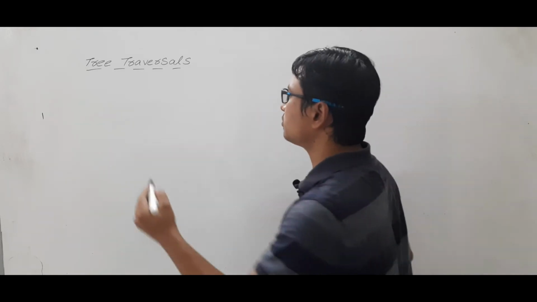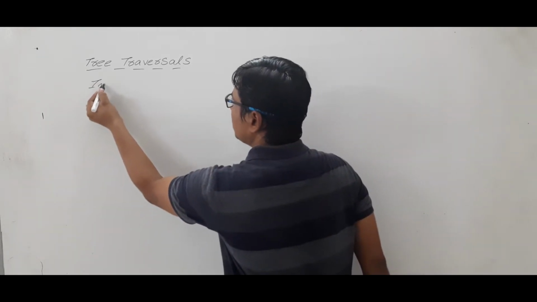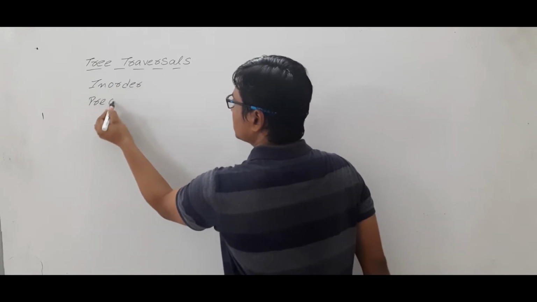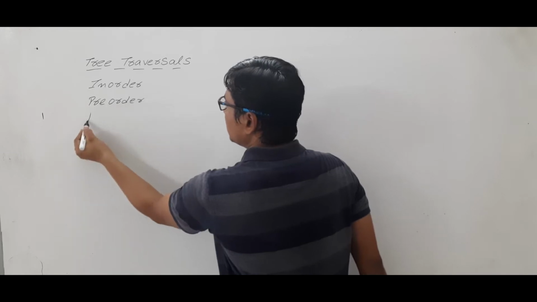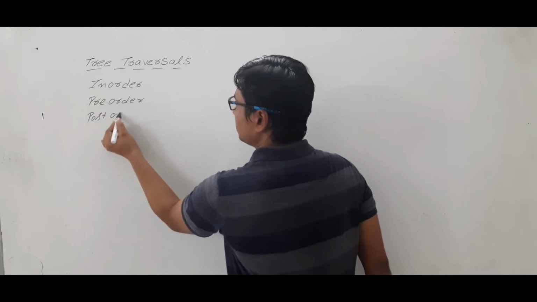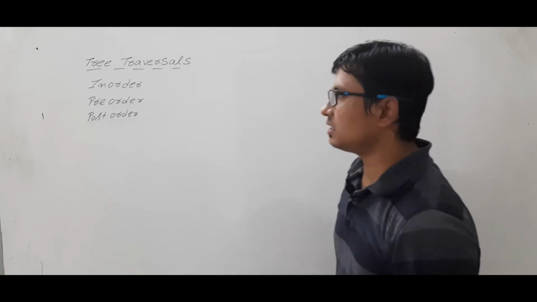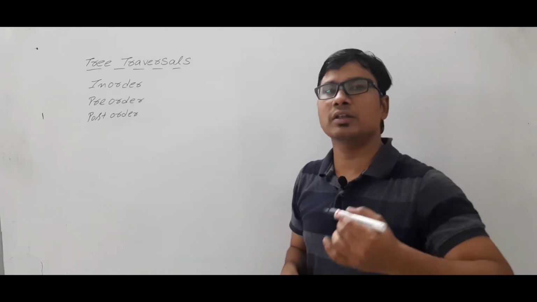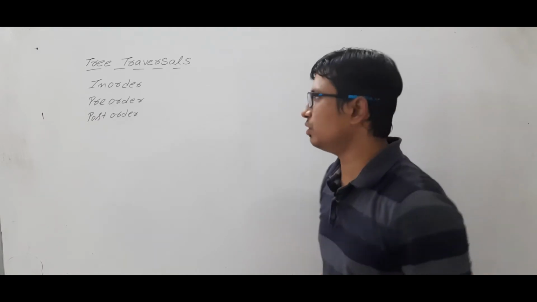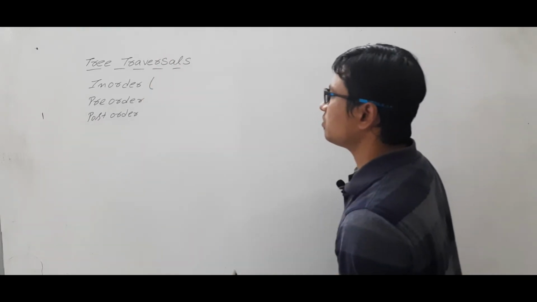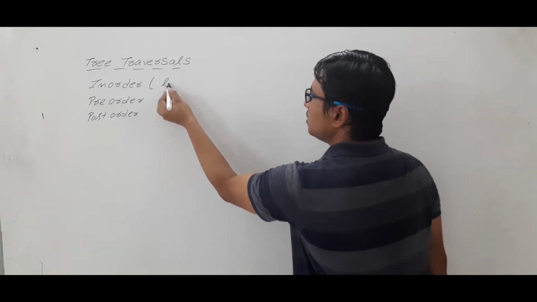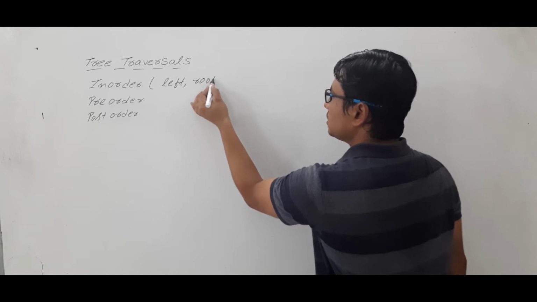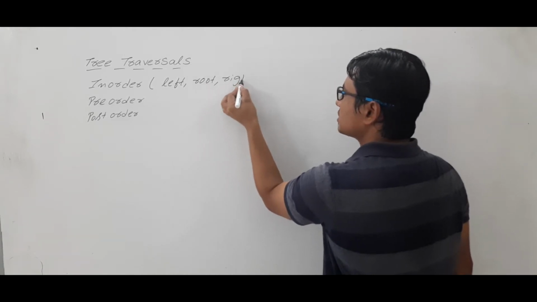We have three types of traversals: in-order traversal, pre-order traversal, and post-order traversal. Now, in-order, pre-order, and post-order traversal depend on the position of the root node. In-order means first you will visit the left subtree, then you will visit the root, then you will visit the right subtree.